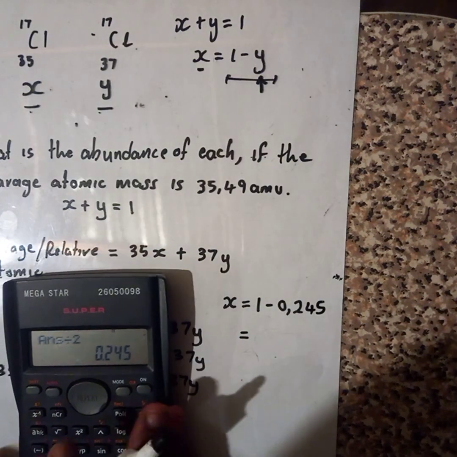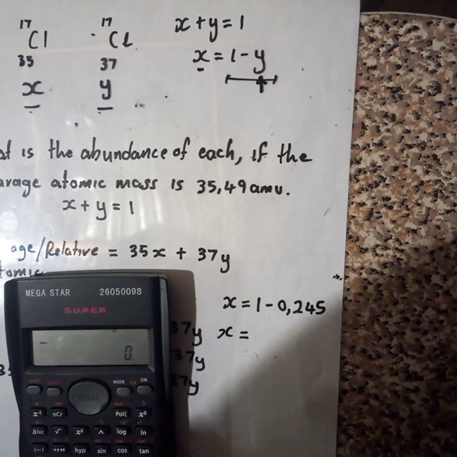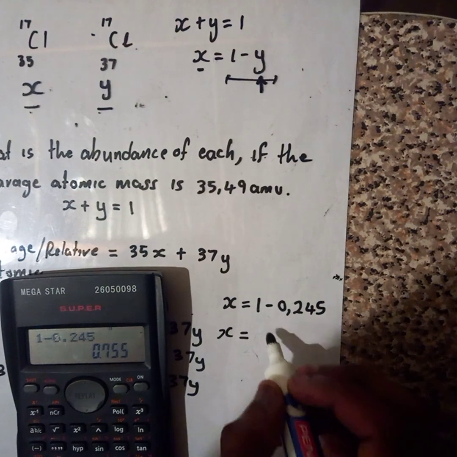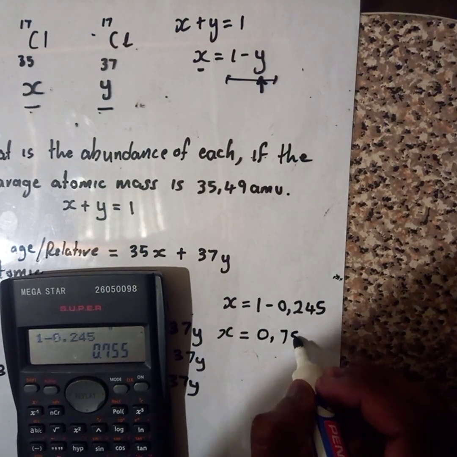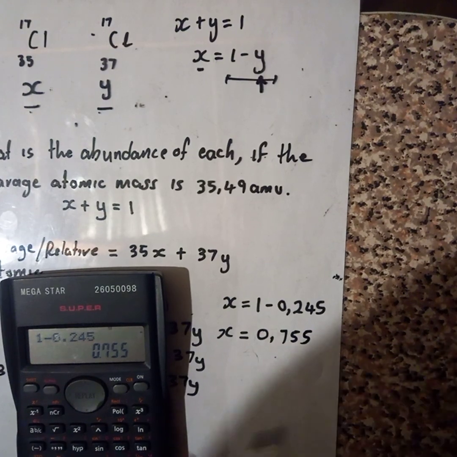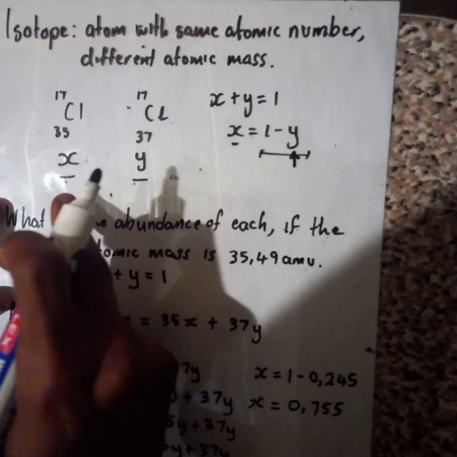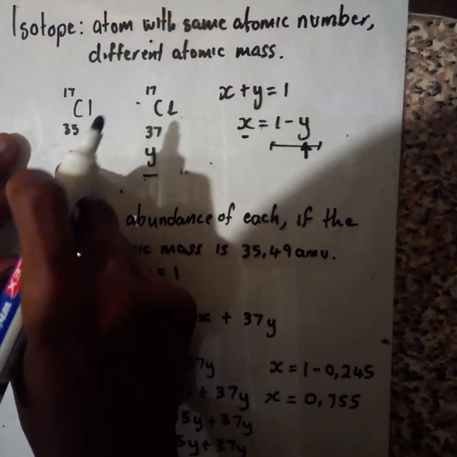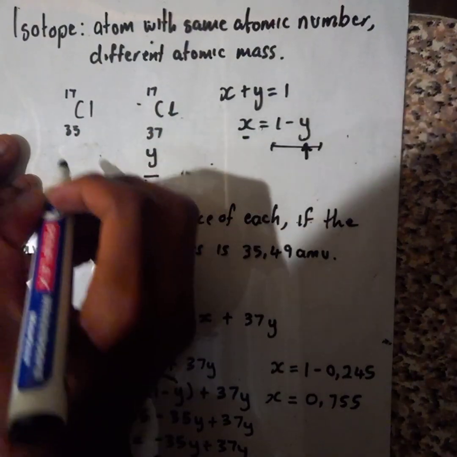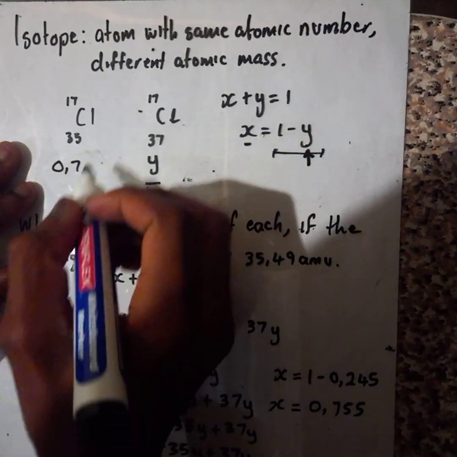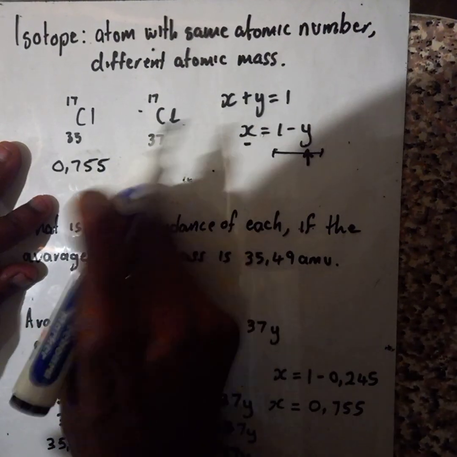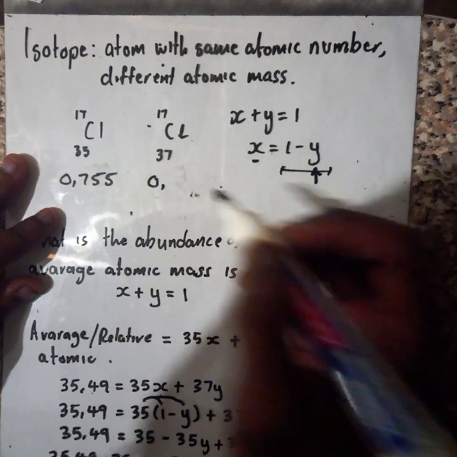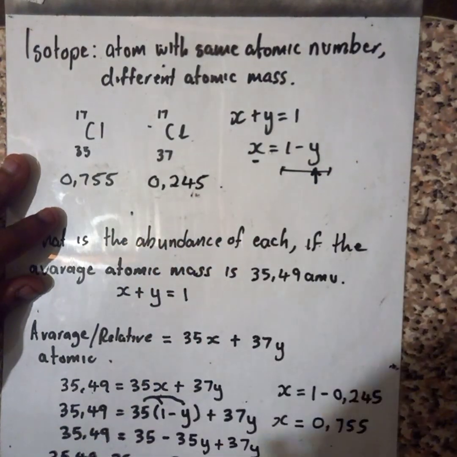On the calculator, we get 0.755. So for x we have 0.755, and for y we have 0.245.